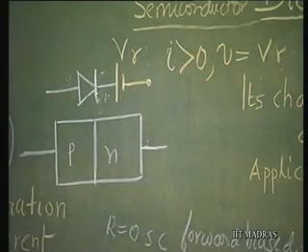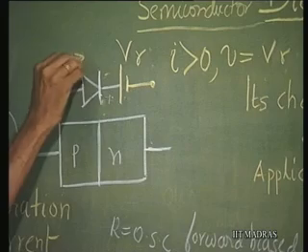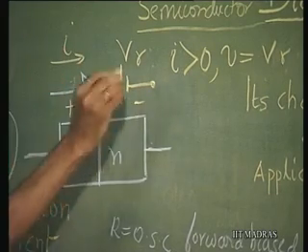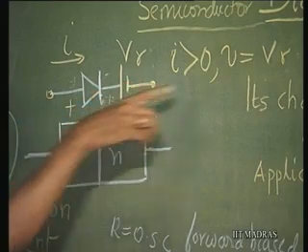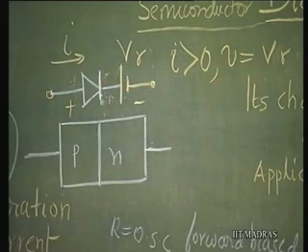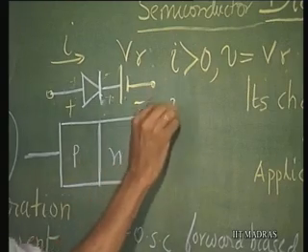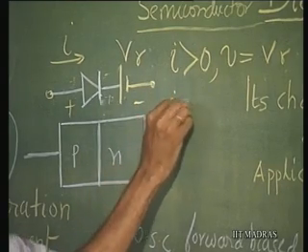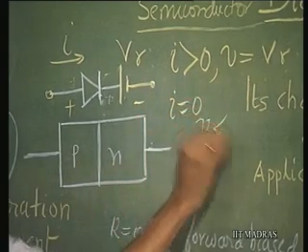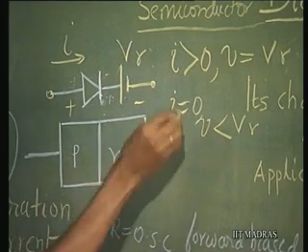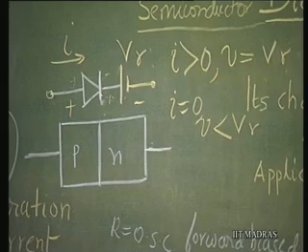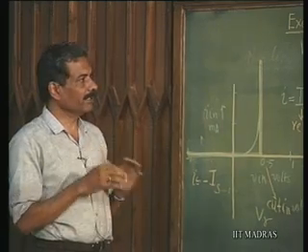So, for I greater than 0, the V for the semiconductor diode is nothing but V gamma, indicated by a battery, and I is going to be equal to 0 for V less than V gamma. Now, this is the approximate equivalent circuit of the semiconductor diode.